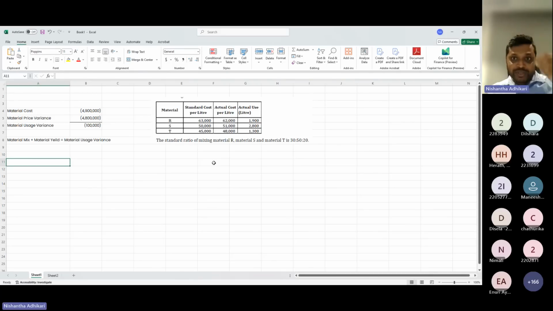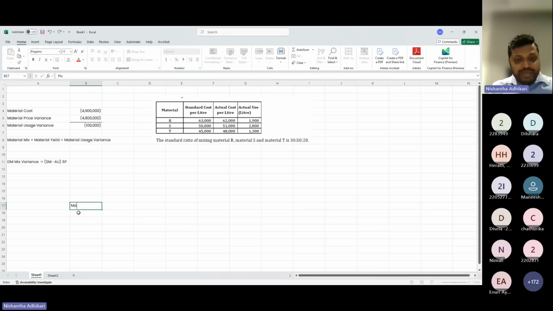The standard material mix is 30 to 50 to 20. Therefore, how do we work out the material mix variance? Direct material mix variance: you calculate the standard mix of actual material usage minus actual usage, multiplied by standard price. This is the workout, right? Then we have to keep some space and find out what the standard mix is.